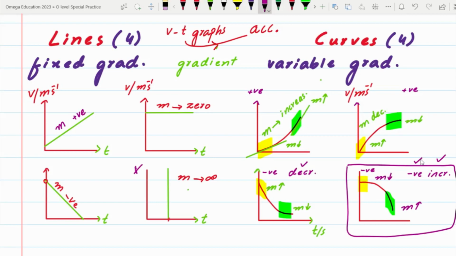If the acceleration is towards the right side, it would be positive, and if it is towards the left side, it would be negative, no matter if you're speeding up or slowing down. And slowing down, no matter which direction, either towards the right or towards the left, would correspond to deceleration.